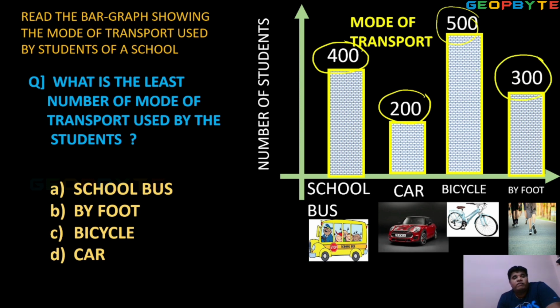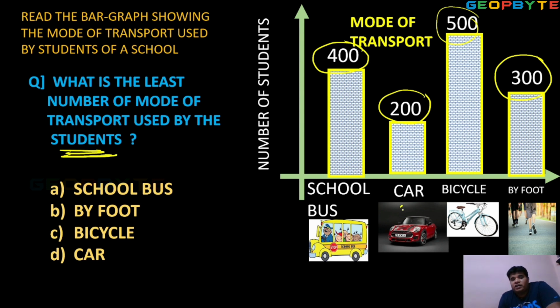This is the mode of transportation. School bus is 400, car 200, bicycle 500, by foot 300. Bar graph reading completed. Now go to the question. What is the least number of mode of transportation used by the students? Least means the smallest diagram.